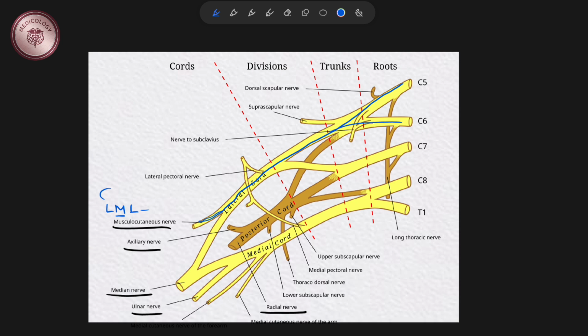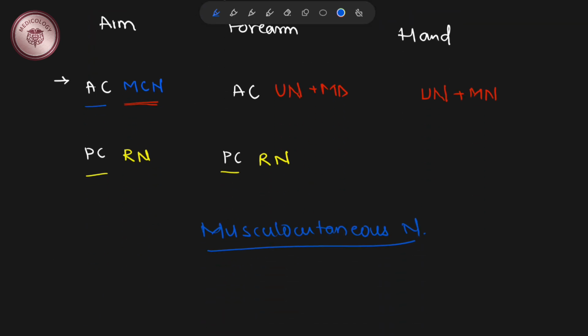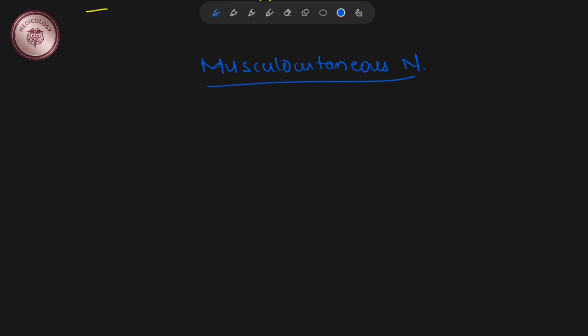The root value is C5, C6, and C7. And which muscles is it supplying? Yes, the anterior compartment. What was present in the anterior compartment?